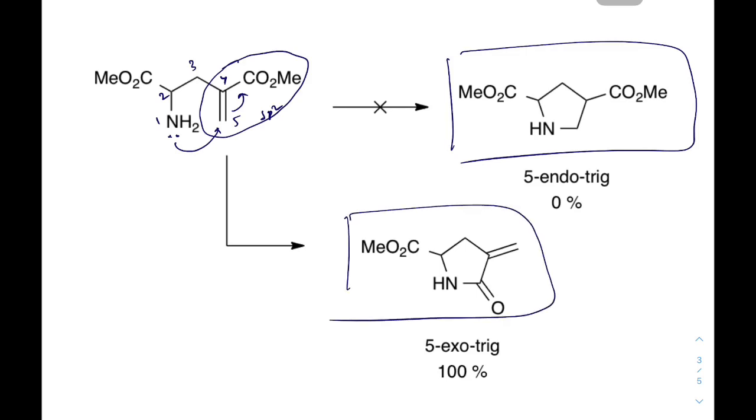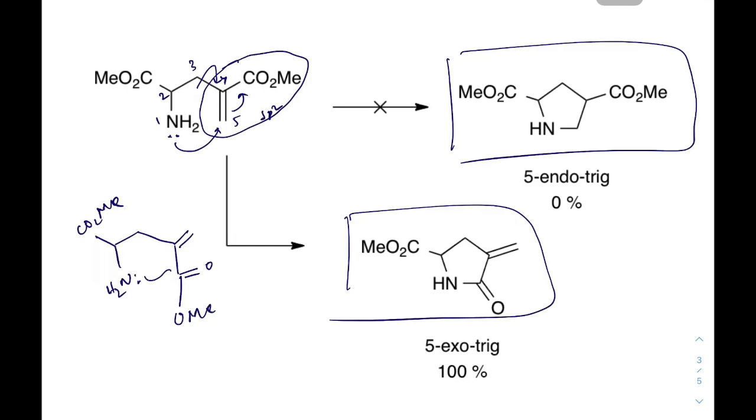And how? Instead of reacting in an endo manner, it can also react in this manner, where NH2, CO2Me, and there is a rotation of the C-C bond, OMe, right?